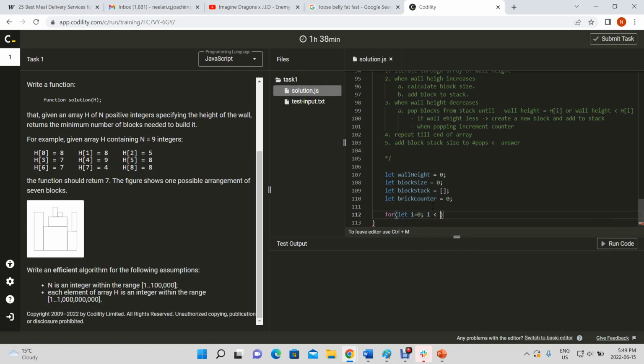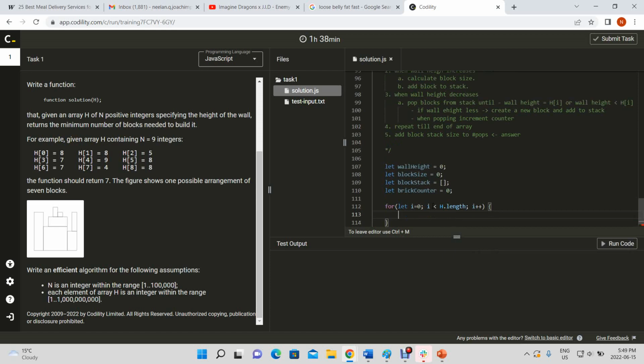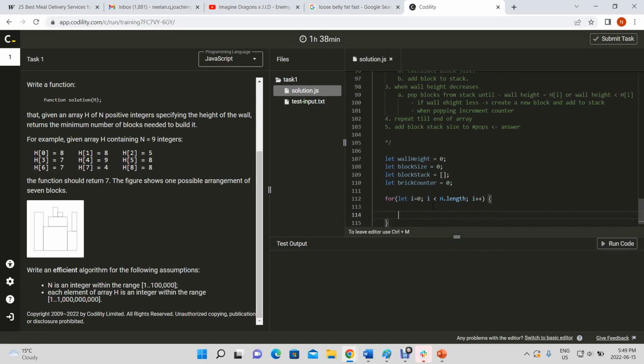All right, so now let's iterate through our passed in loop. While I is less than h dot length, I plus plus. Okay, so we have two conditions. If h of I is greater than wall height, right?